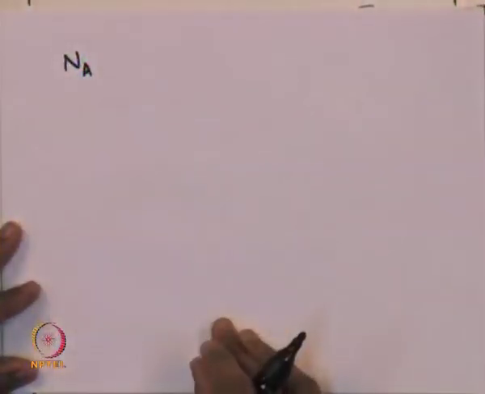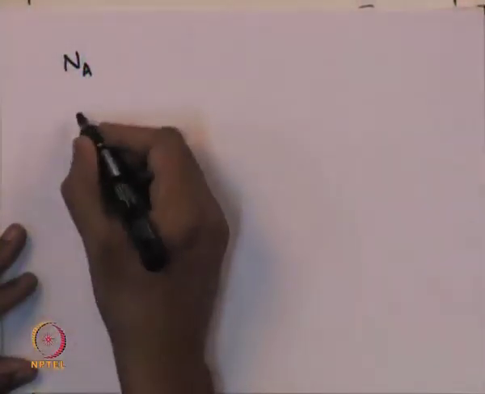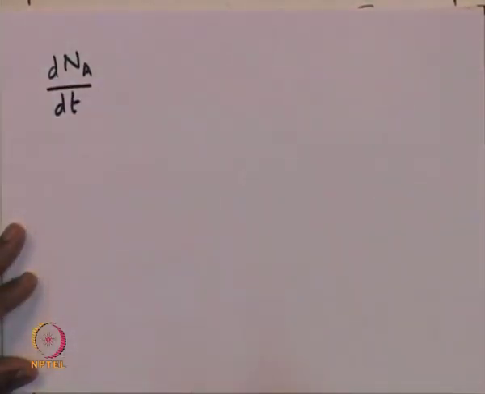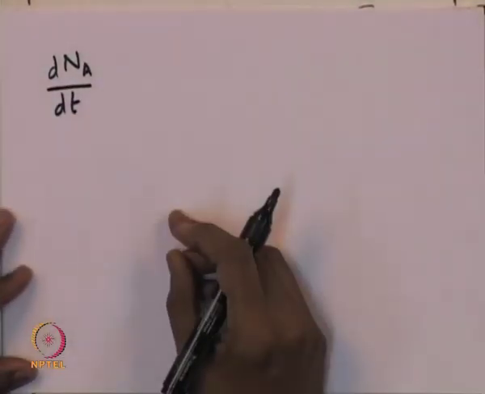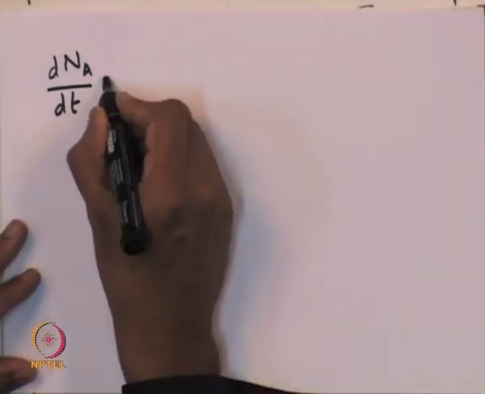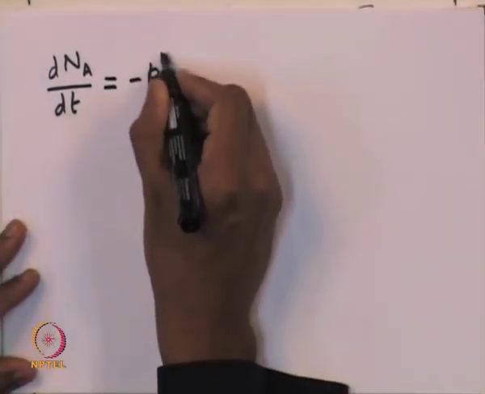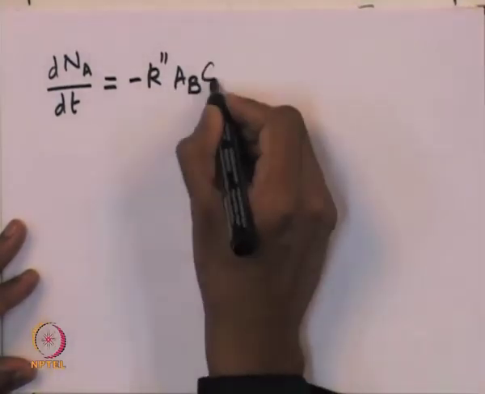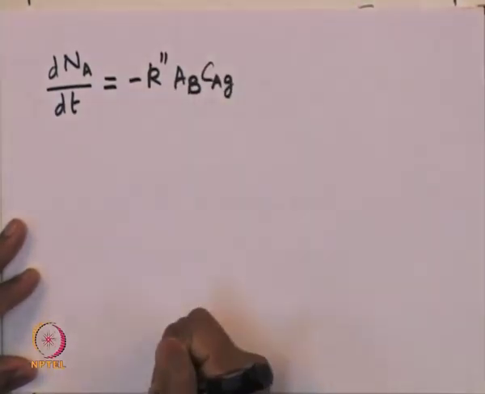So, suppose N_A is the number of moles of A which is actually reacting, then dN_A by dt, which is the rate at which the number of moles of A is being consumed because of reaction, should be equal to minus K prime into the area of the unreacted core multiplied by the corresponding gas phase concentration.